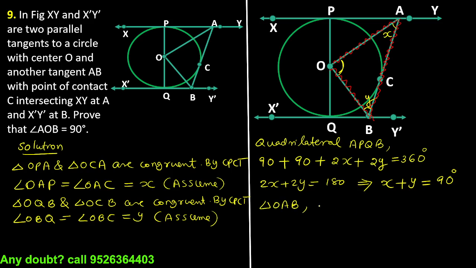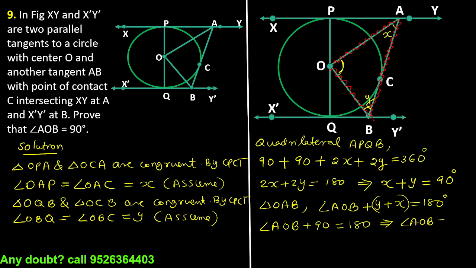In triangle OAB, angle AOB plus y plus x equals 180 degrees. In a triangle, the sum of angles will be 180. What is this x plus y? This x plus y is 90. We have already proved it. So angle AOB plus 90 equals 180. Rearranging, angle AOB equals 90 degrees. This is the answer. This is what we have to prove. Angle AOB equals 90 degrees. Clear?